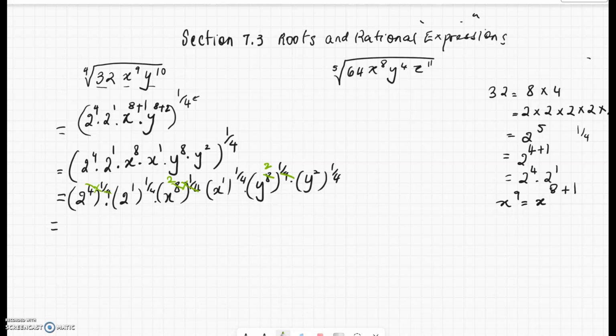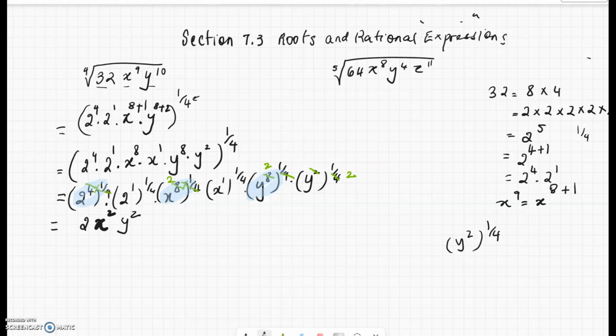And then 2 goes 2 times into 4. So I'm going to write this as 2 to the 1, x squared, y squared, and we have y squared whole to the 1/4.